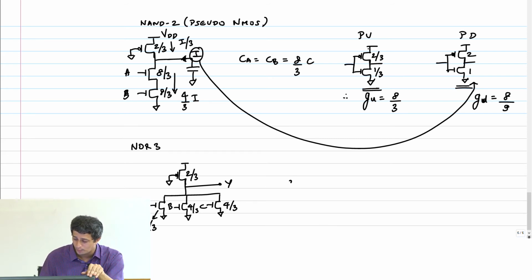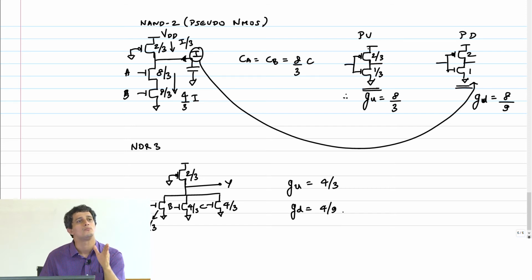What's the pull up logical effort? 4 by 9. Pull down logical effort? 4 by 9. What if I made this an N input NOR gate? It's the same thing. That is the key advantage of getting rid of your PMOS stack.